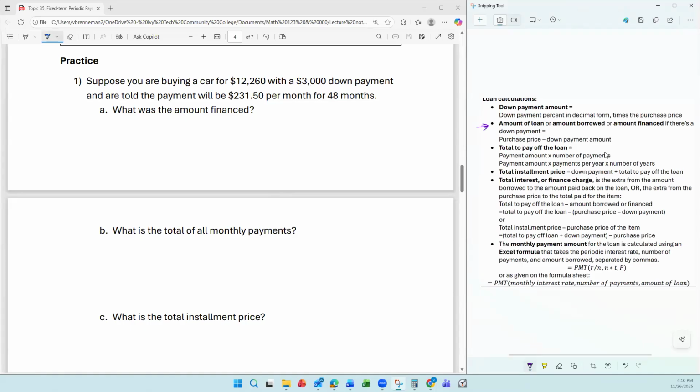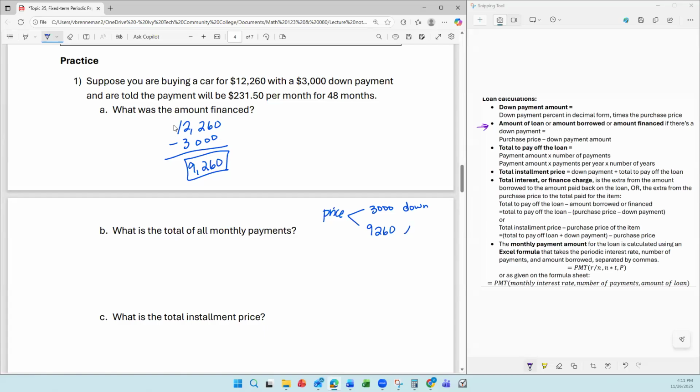What's left after the down payment? What do you have to actually borrow? That's going to be the $12,260 minus the $3,000 down payment, leaves $9,260 to borrow. So you have the price now split into the $3,000 down payment and the $9,260 loan.